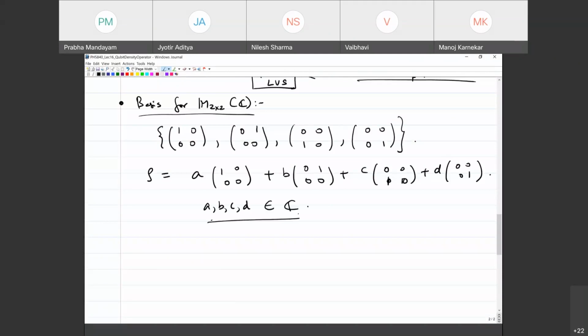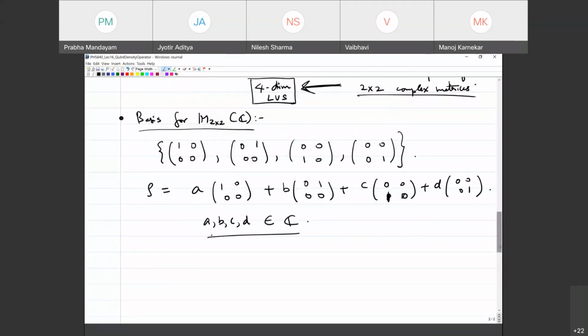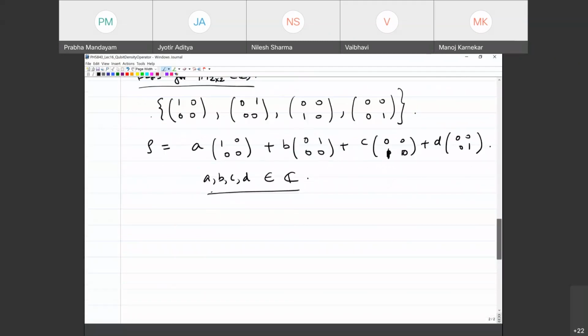Now, this is fine, but instead of this description, there is a more interesting description in terms of a different basis, which actually brings out the properties of the density matrix much more nicely, particularly for qubits. Now, if this is a basis, the question is, is this an orthonormal basis? If you have to answer this question, you have to have a notion of inner product.